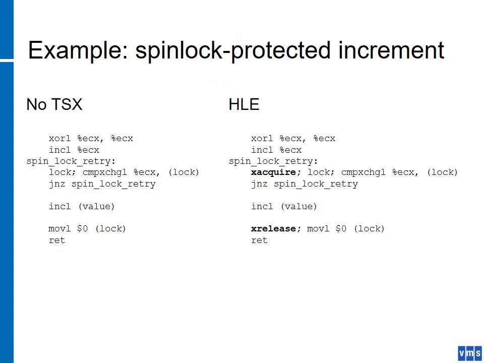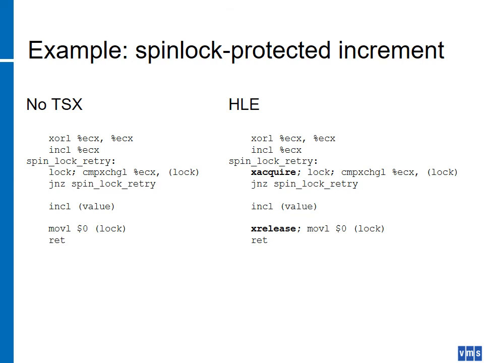So, as an example of what the code for that would look like, I've written a very simple spin lock here, and I hope it's readable. Basically, what we're doing here is we're just locking a value by exchanging it with a 1. We've put a 1 into register ECX by clearing it and then adding 1 to it. So we've got 1 in here, and we exchange that with an address in memory.